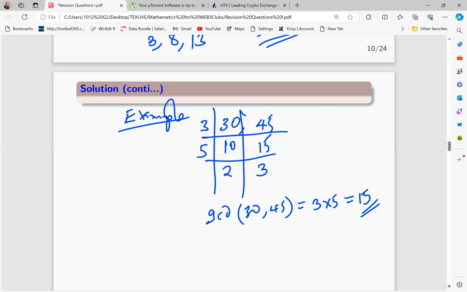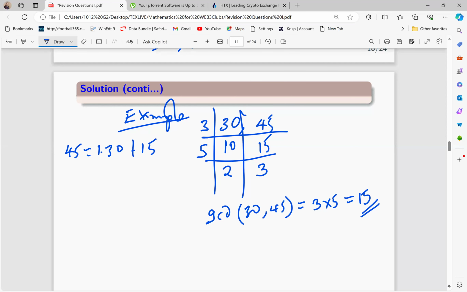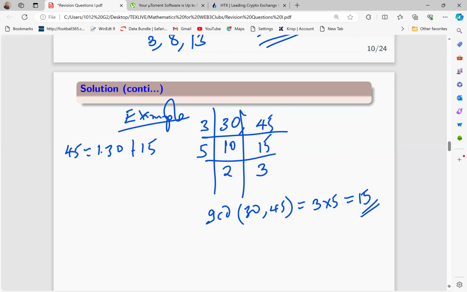We just ask ourselves, and this is easier, 30 into 45, how many times? And you can see that it goes there once, and the remainder is 15. Is that okay? Then you ask yourself, what about 15 into 30? 15 into 30 goes there twice, and the remainder is 0.